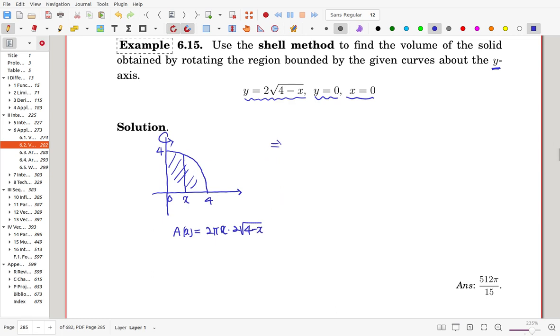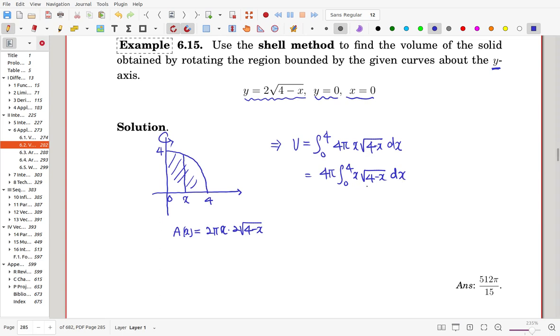So from this, the volume is the integral from 0 to 4 of 4 pi x square root of 4 minus x dx. Let's put 4 pi outside of the integral, leaving x square root of 4 minus x dx.